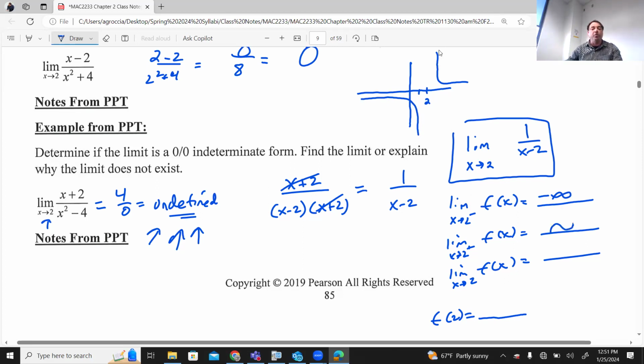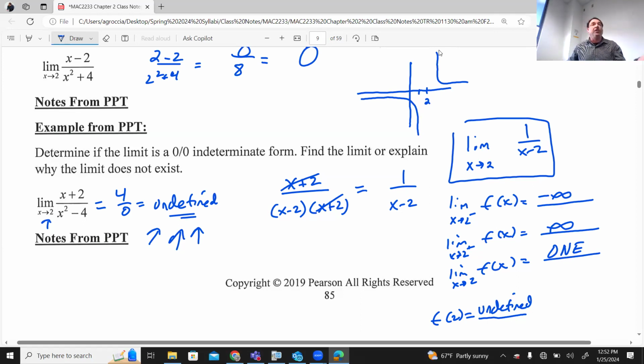Now, just so you know, if they were both positive, the limit would be positive infinity. If they were both negative, the limit would be negative infinity. But since they're different, what are we going to put? Does not exist. And what happens when you plug in 2? Undefined.